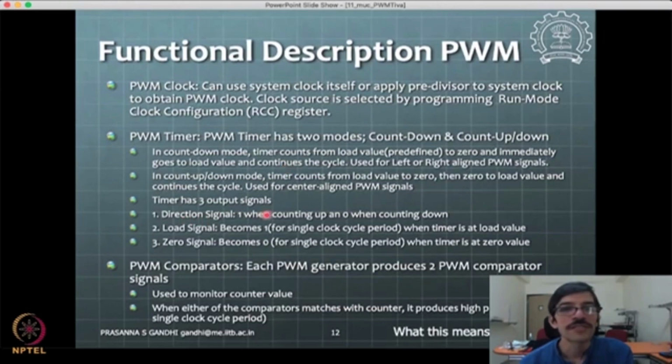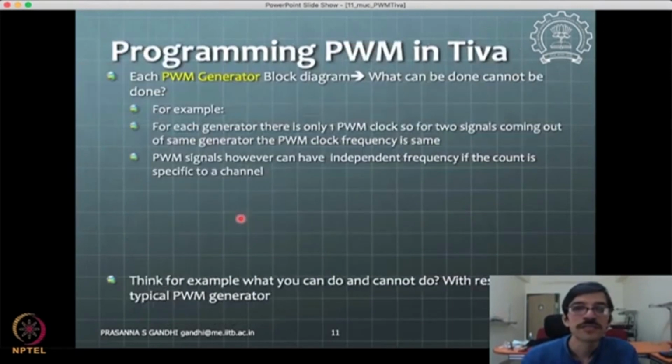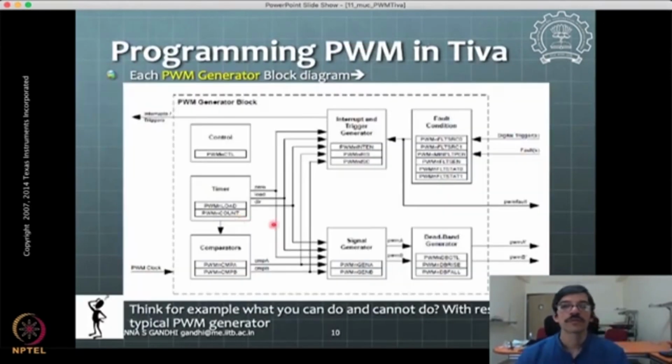Then there is a direction signal for counting up and down. This signal will be useful typically when we are doing count up and down mode, so that you know which direction it is going, so that signal will be coming out of the block. If you see, there will be some direction signal coming out of the counter block somewhere. Yes, see, this is a direction signal from the timer.